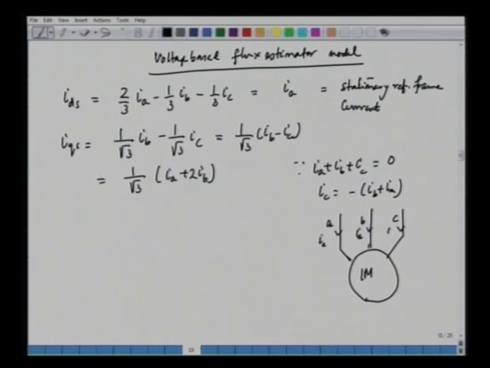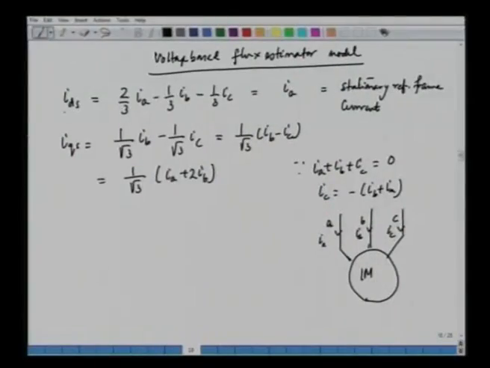So, this is IA and this is IB and this is IC. We do not have any neutral connection here. We have just a 3-phase 3-wire system, and applying that we can find out what is IDS and what is IQS.